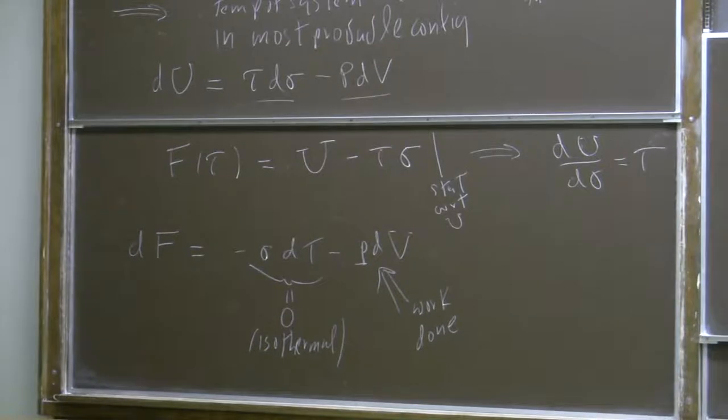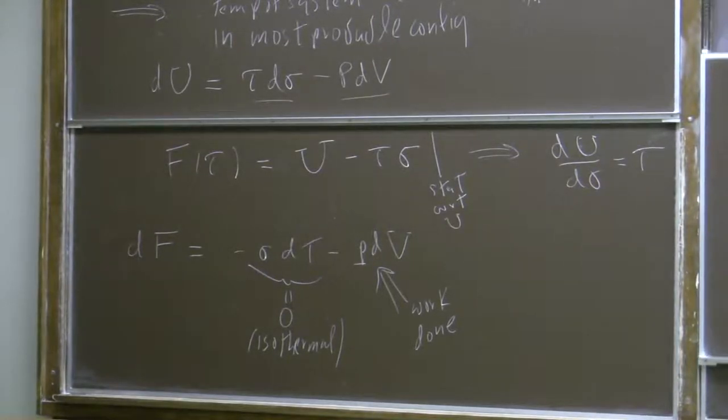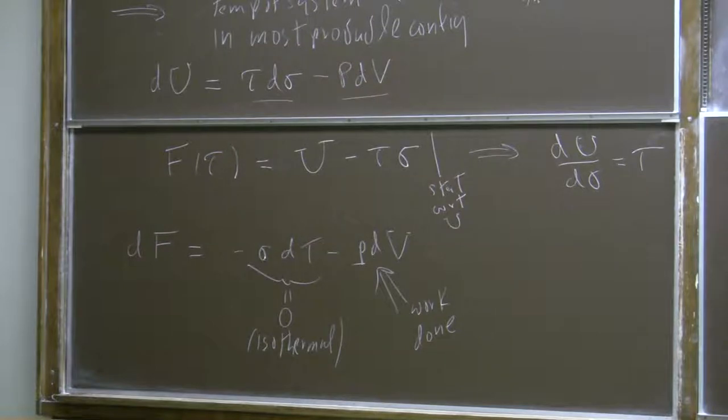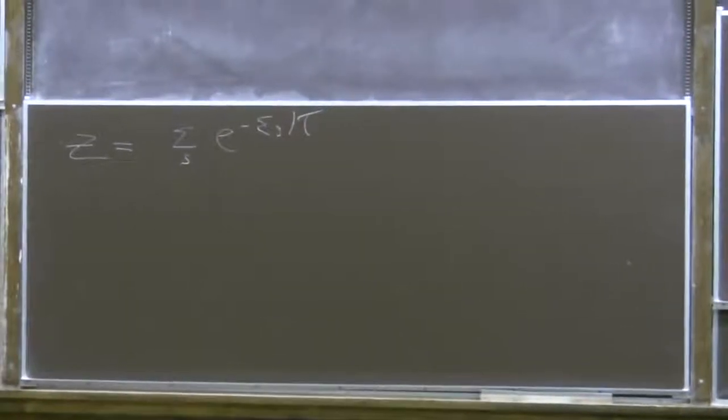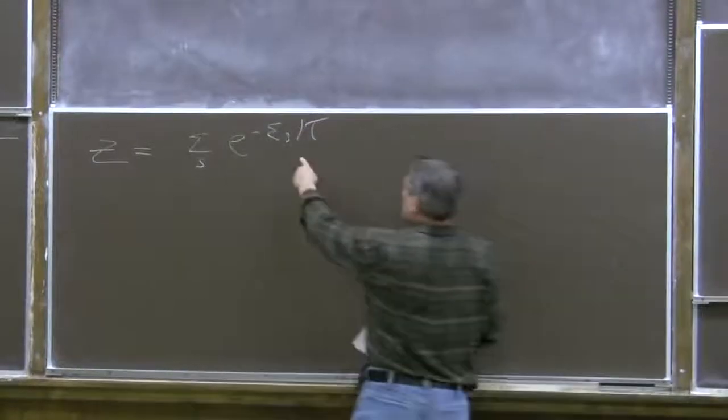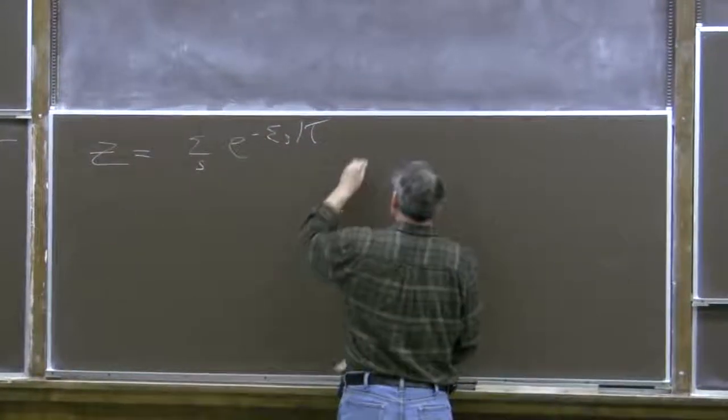We talked about the partition function for a system in contact with a reservoir at temperature tau. We sum over the states of the system, e to the minus energy of the system divided by tau, the Boltzmann factor for that state of the system.